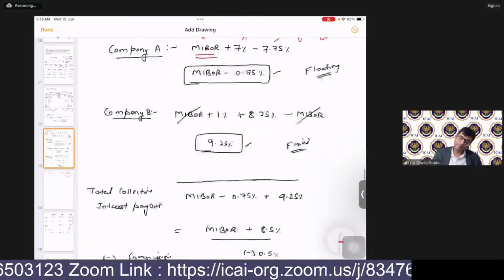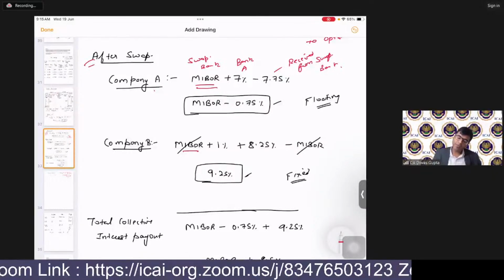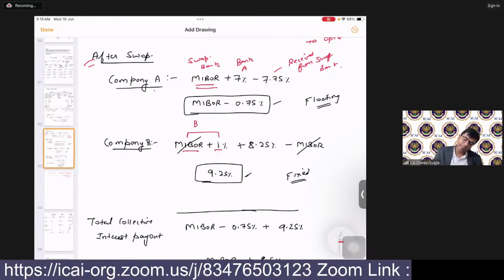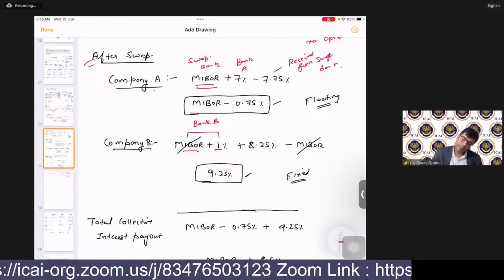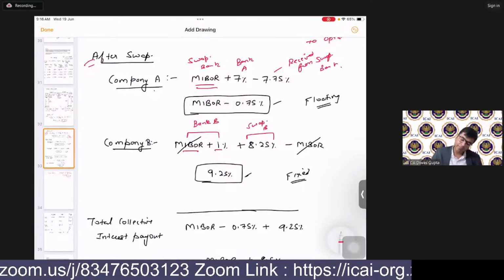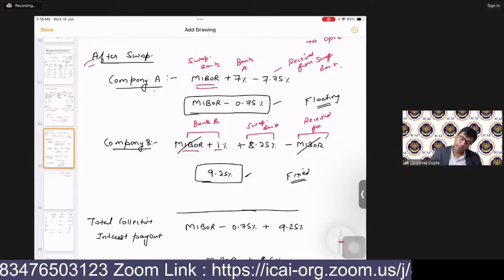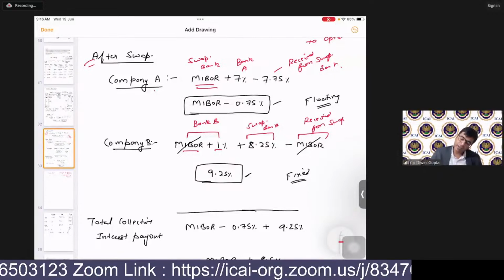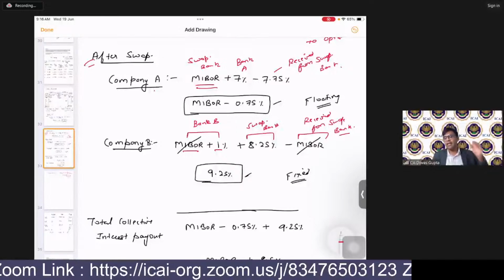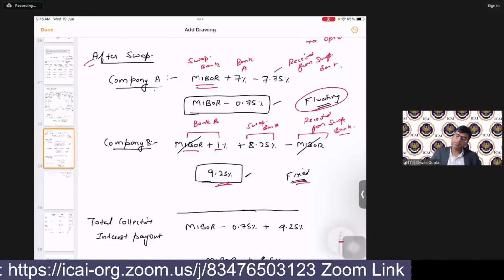For company B now, MIBOR plus 1%, this both is paid to bank B. 8.25 is paid to swap bank and MIBOR is received from swap bank. Simple. So MIBOR plus MIBOR minus will get cancelled and 9.25 will remain, which is the fixed amount. And here it becomes the floating amount.